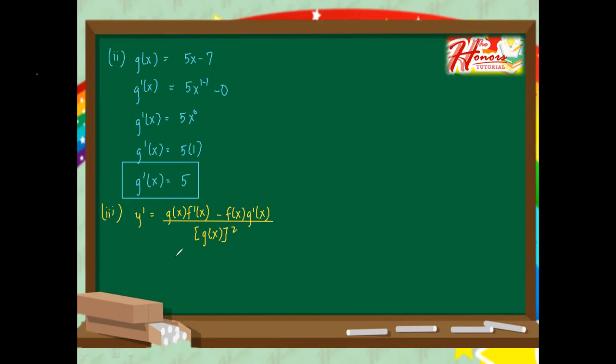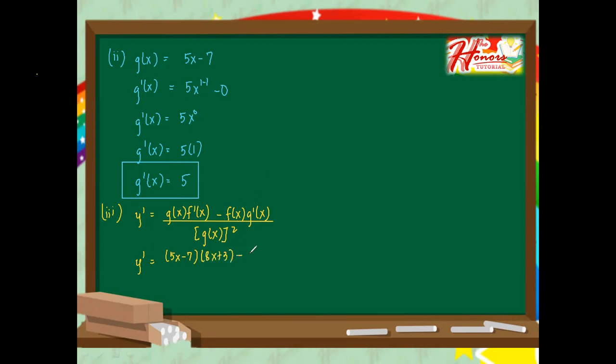So let's substitute from the given. So we have here y prime is equal to g of x, that is equal to the quantity of 5x minus 7 earlier, times f prime of x. F prime of x is equal to 8x plus 3.